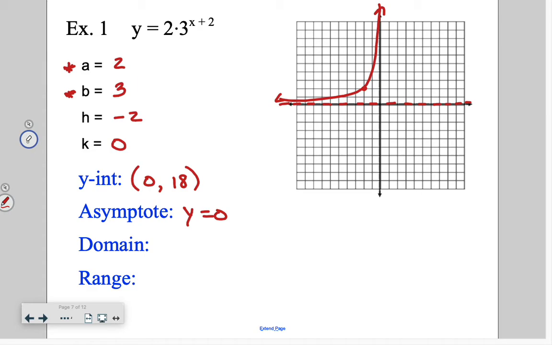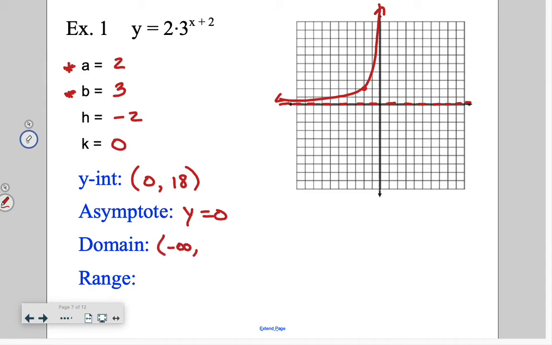Which is way up off the top of my graph up there. So remember, when you're finding that y-intercept, do the exponent stuff first, then the multiplying stuff second. Order of operations says that's the order. And now let's finish this off. What's the domain of this graph? For all exponential graphs, all real numbers.